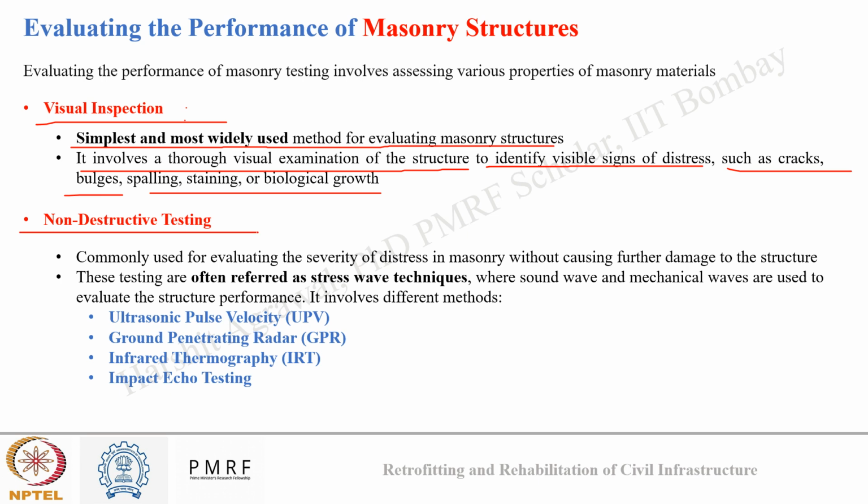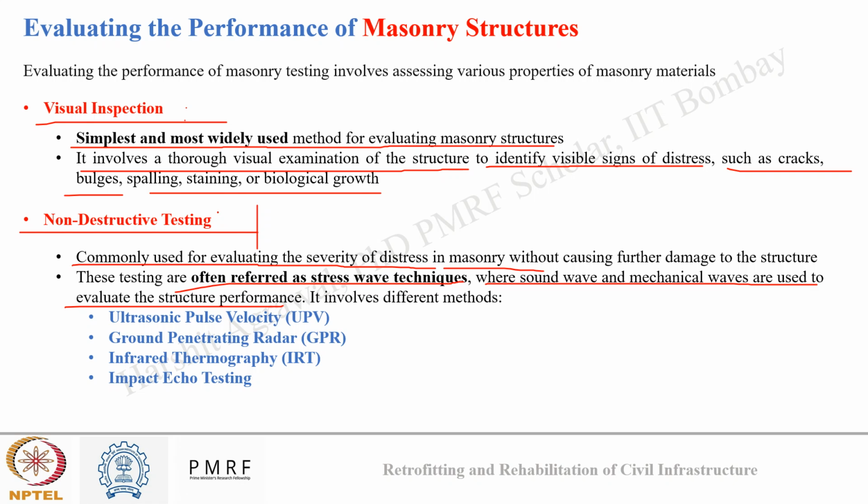The second method for evaluating the performance is non-destructive testing. These are commonly used for evaluating the severity of distress in a masonry structure without causing damage to the structure. These tests are often referred to as stress wave techniques, where sound waves or mechanical waves are used to evaluate structural performance.